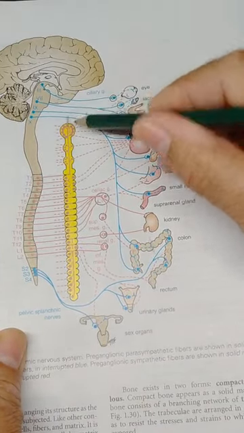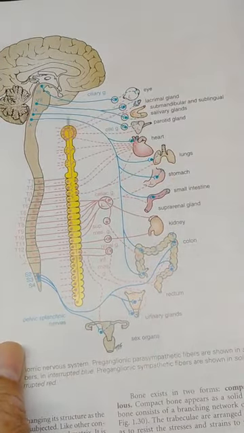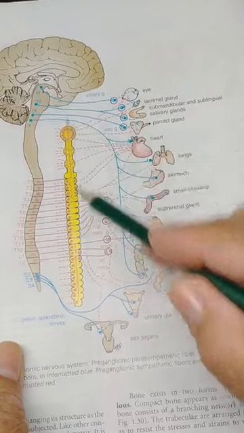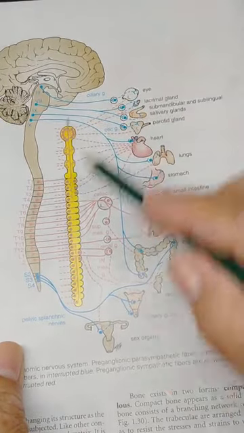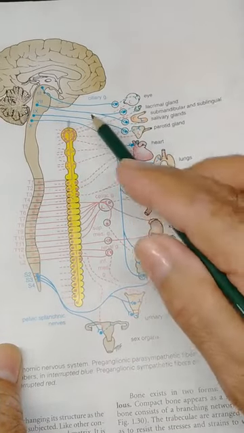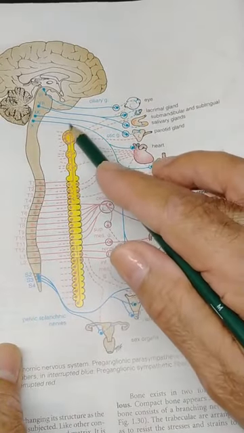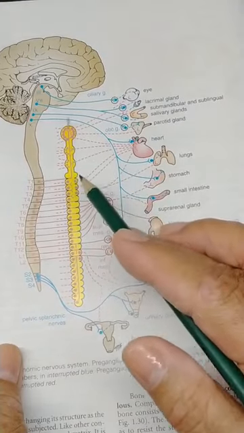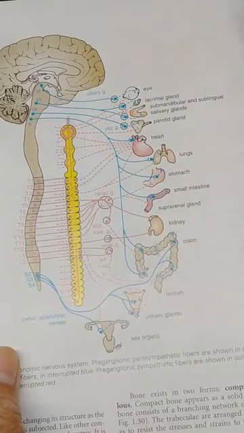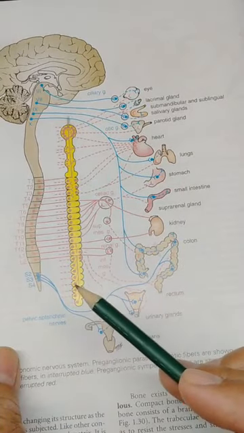That branch that comes from the superior cervical ganglion is called the internal carotid nerve. That is the largest branch, the internal carotid nerve. That internal carotid nerve will follow or go into the common carotid artery. Once it reaches the artery, this branch will break into a network of fibers, and we term that network of fibers in the artery as carotid plexus.